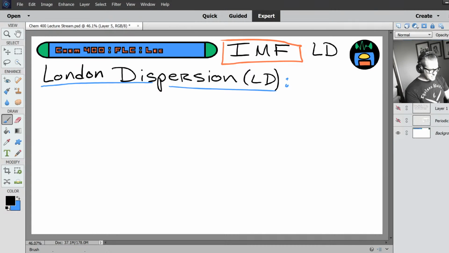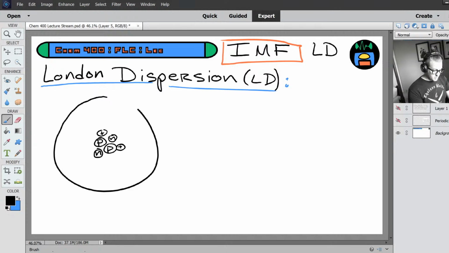Helium has 2 protons and 2 neutrons in its nucleus. So we have 2 positive charges just sitting there with the neutrons, and then we have a 1s orbital with 2 electrons flying around.